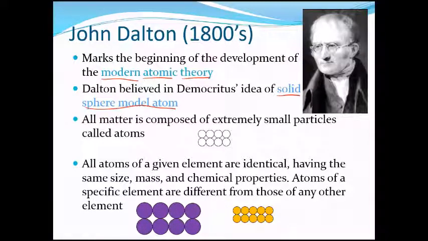And he thought that all atoms of the given element are identical. So that's one of the main points of Dalton's theory. Same size, mass, chemical properties, but each element had their own specific size and mass. But we know that even atoms of the same element are not all identical. And we'll be able to prove that one wrong now.